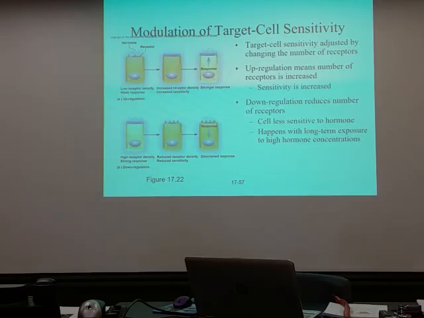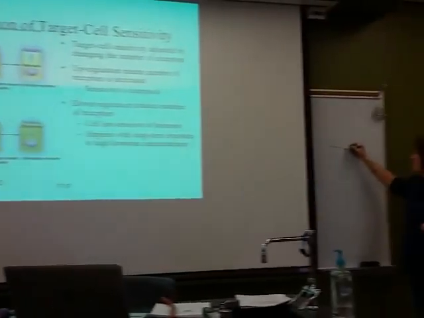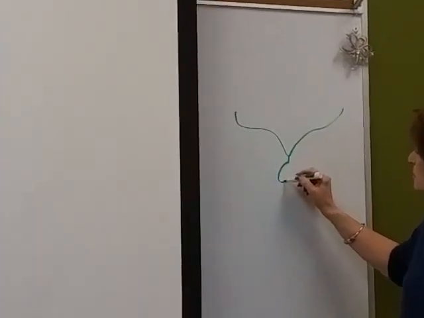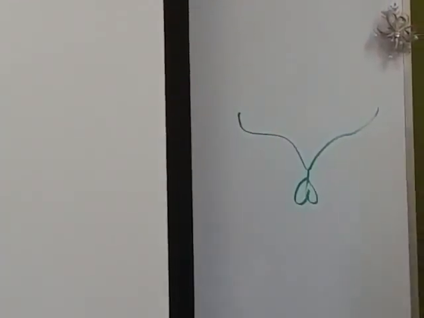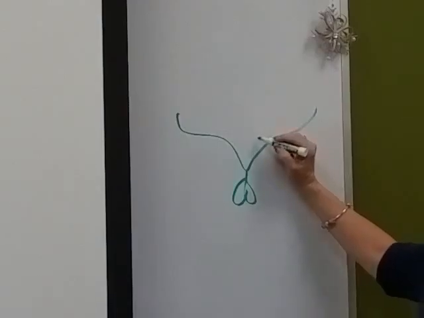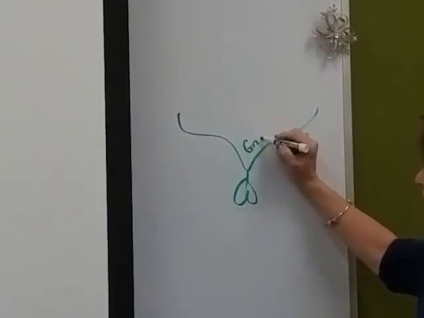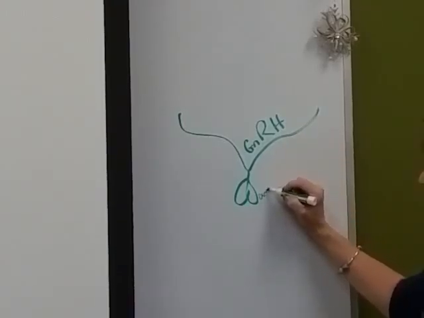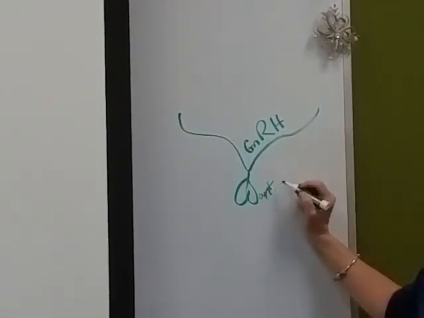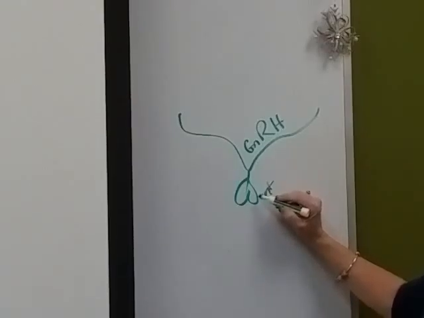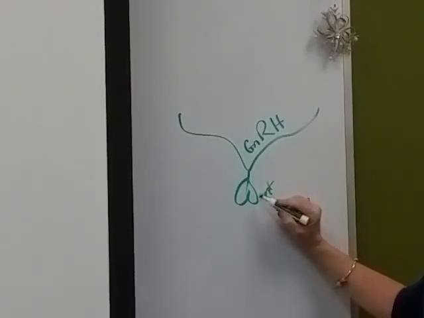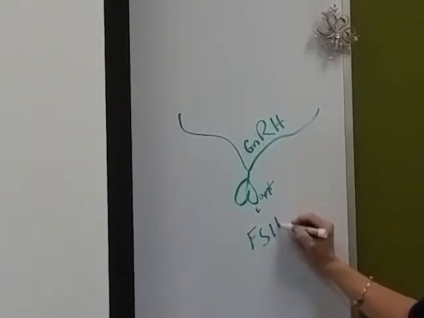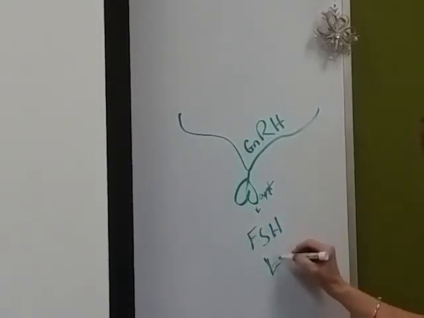Isaiah? Okay, so my hypothalamus, right? Then I got my little pituitary gland hanging off, okay? So if the hypothalamus is constantly sending the gonadotropin releasing hormone to my anterior pituitary, and if that would force the anterior pituitary to constantly release FSH or LH, for example.